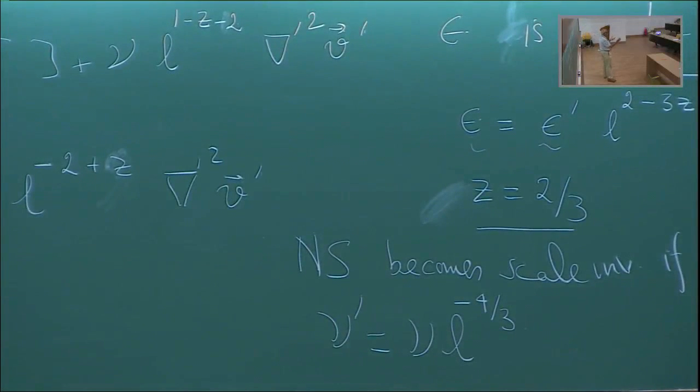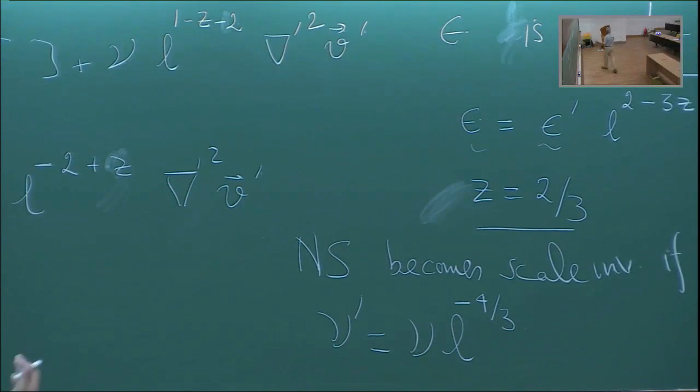So what this implies for the scale invariance of the Navier-Stokes equation is that the kinematic viscosity has to acquire a scale, and that scale has to be like L to the power 4 by 3. Do these things make sense?